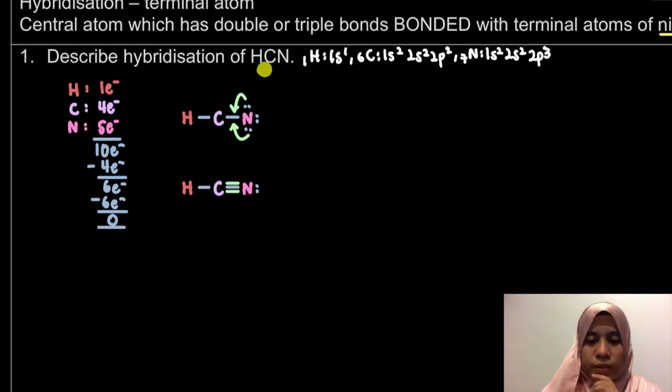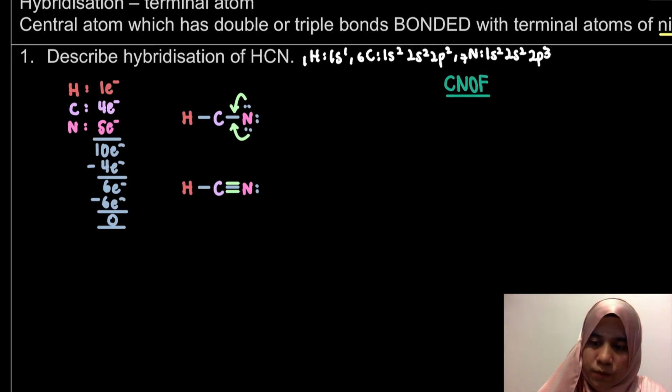And then, why is carbon the center? It's not because it is in the middle here. If you still remember, for our central atom, it must be the least electronegative. And the one Miss usually uses is this Senoff trend of increasing electronegativity.